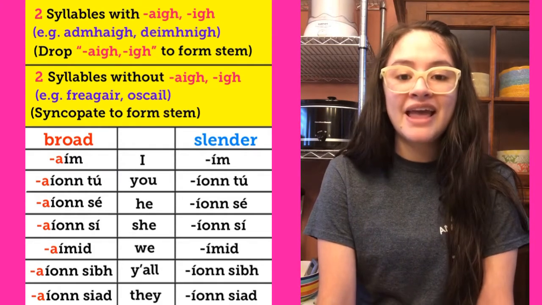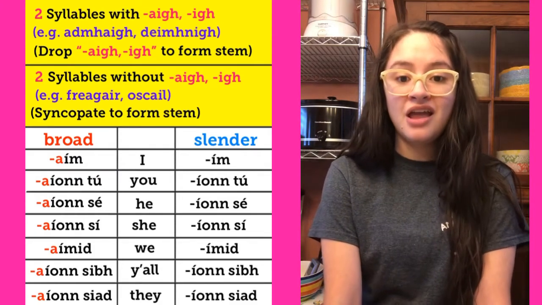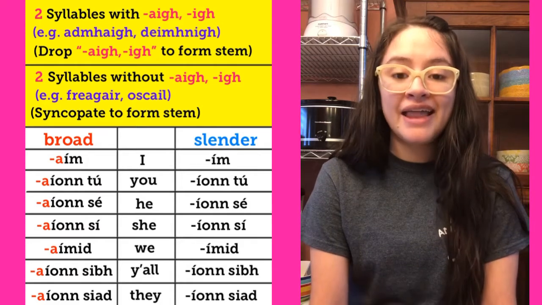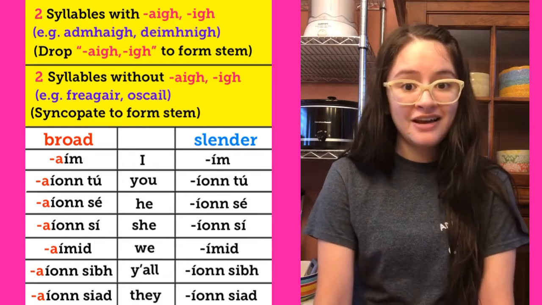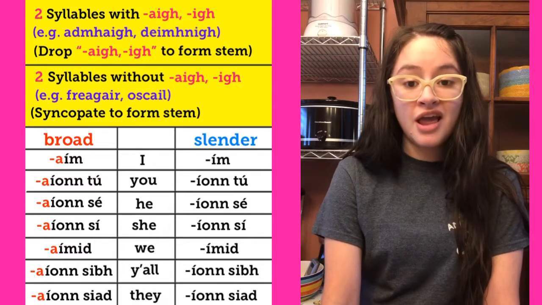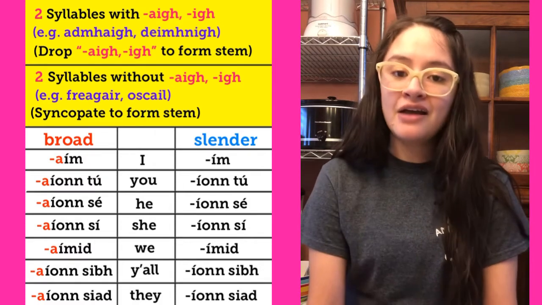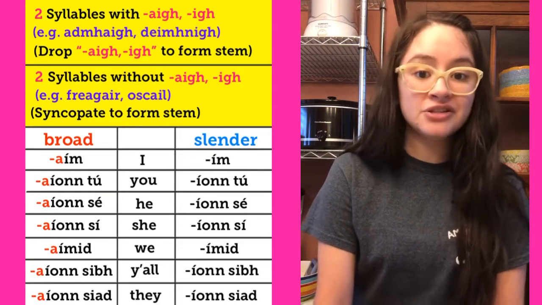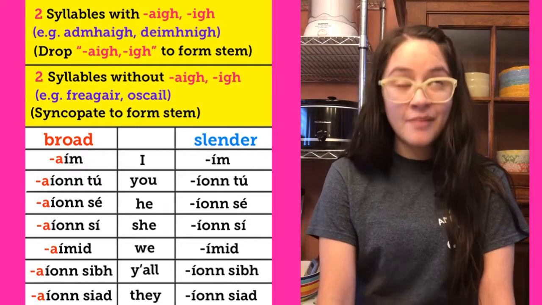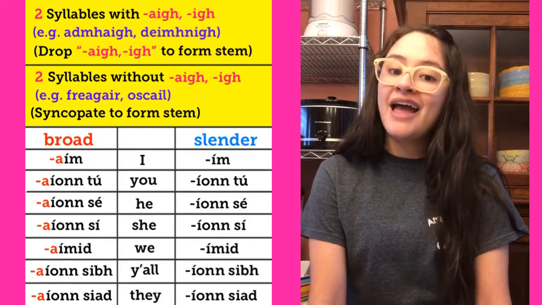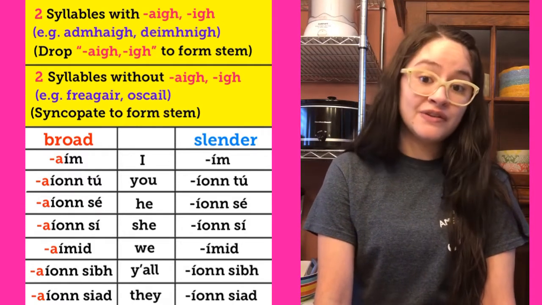He, it'll be A-I fada O-N-N sé if it's broad, and I fada O-N-N sé if it's slender. She, A-I fada O-N-N sí if it's broad, and I fada O-N-N sí if it's slender. For we, it'll be A-I fada M-I-D if it's broad, and I fada M-I-D if it's slender.